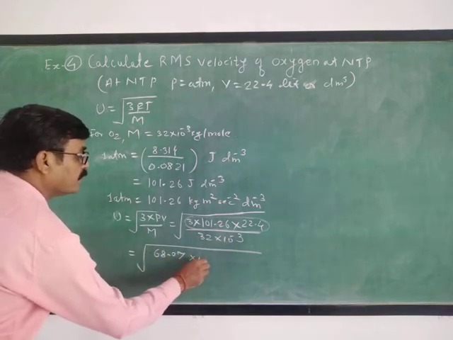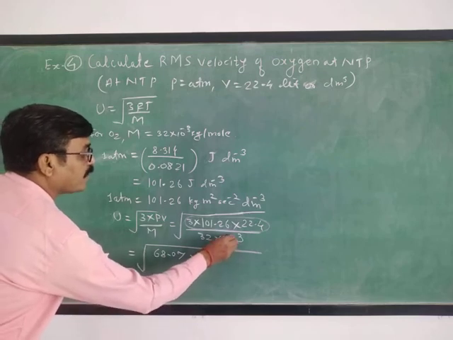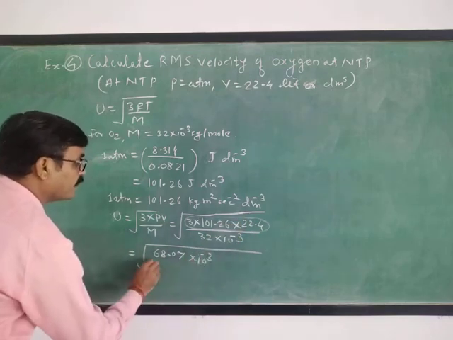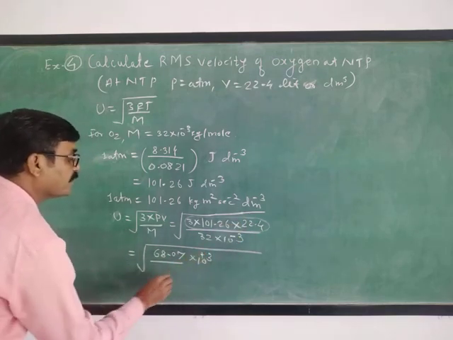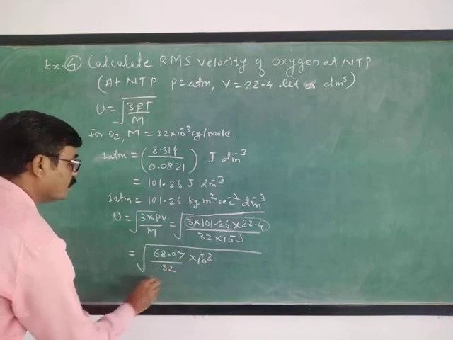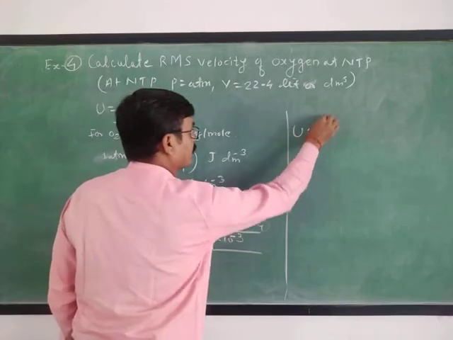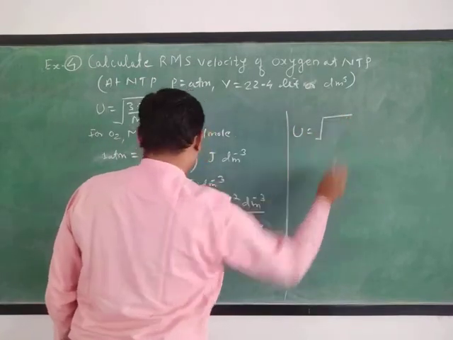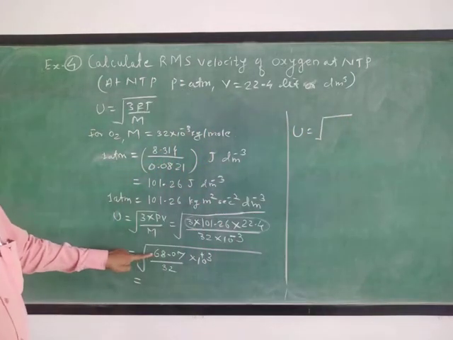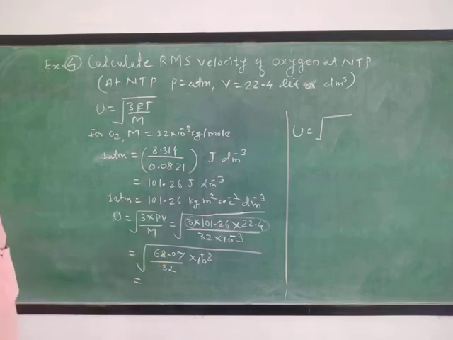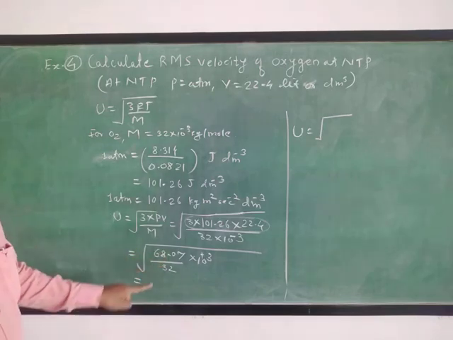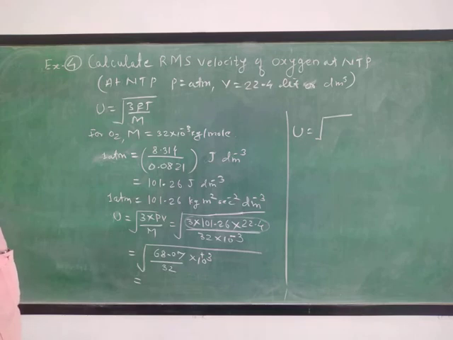The 10 raised to minus 3 when it comes to the numerator will be plus 3, upon 32. Now after solving this further, U equals root of 68.07 divided by 32, and it will be 2.12.